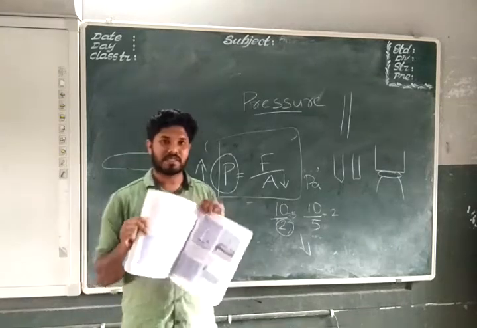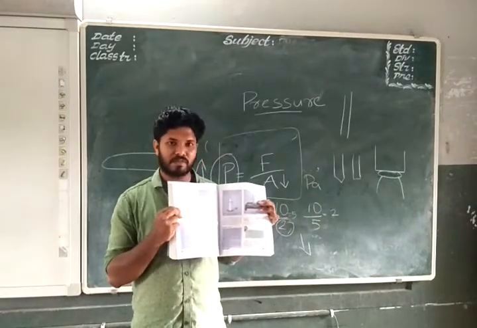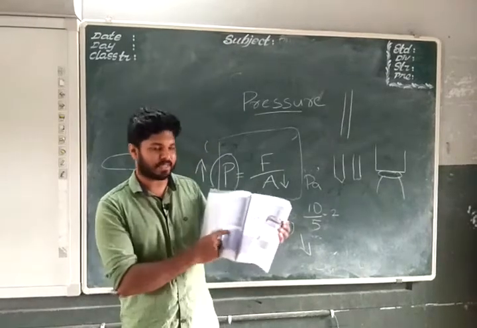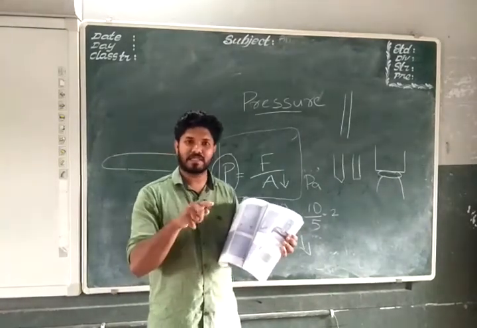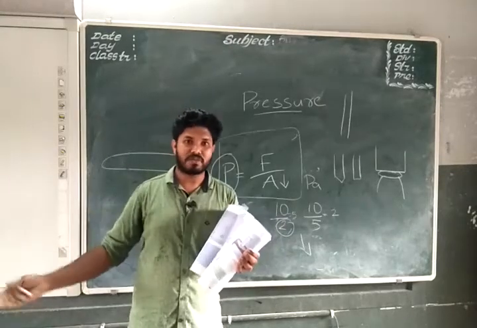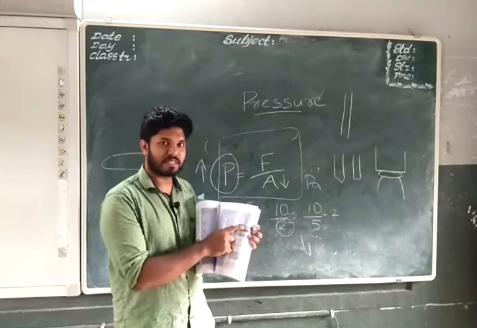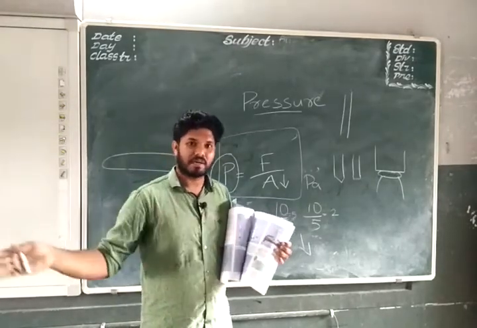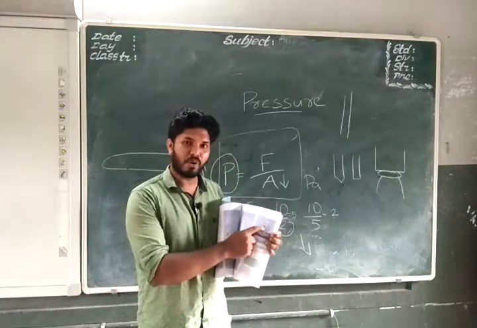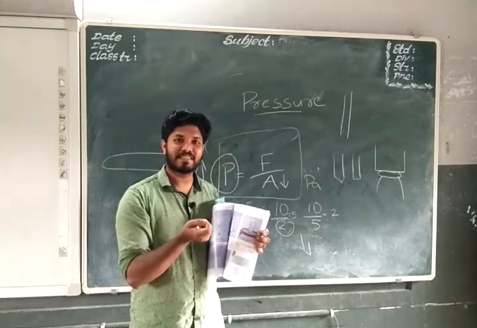Now you can see in the third activity that this is a water bottle and we made 3 holes at the same depth. You can see the water flowing to the same distance. The water will obviously flow through those holes, isn't it? And you can see the water flows with the same speed and to the same length. And when we make a hole just above this, you can see a slight decrease in the flow of water.